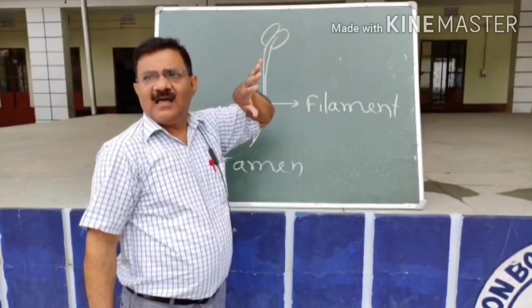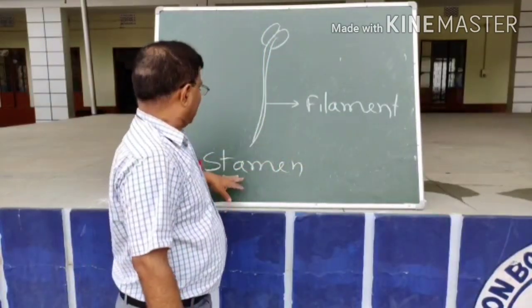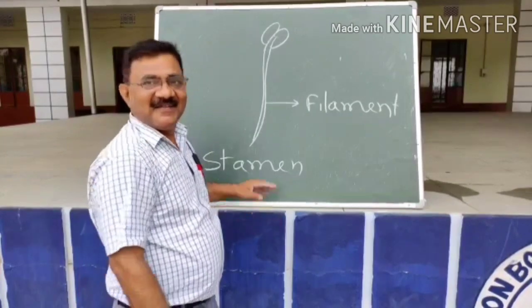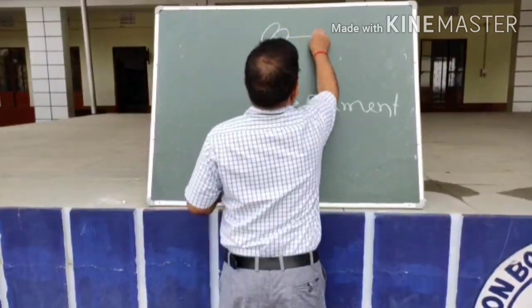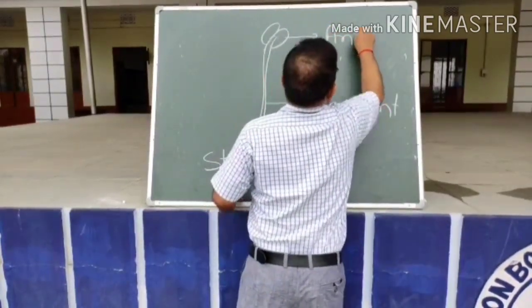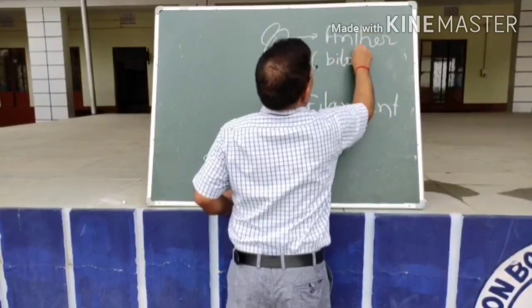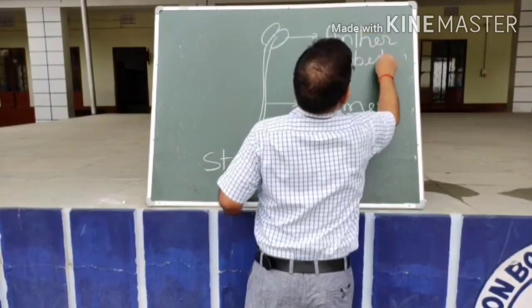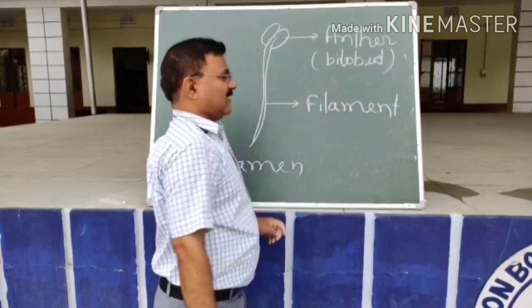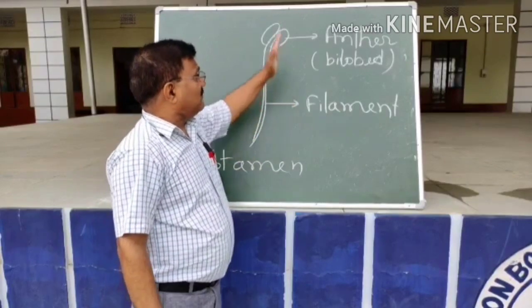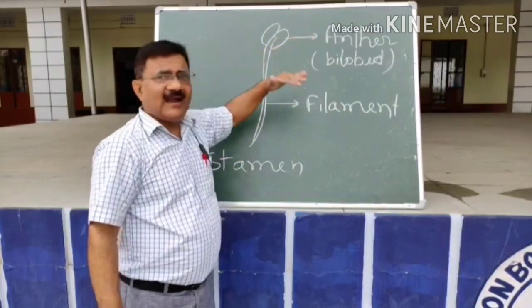And this bilobed part is called anther. Anther is bilobed, means two lobes are there. And dear children, stamen contains two important parts, anther and filament.